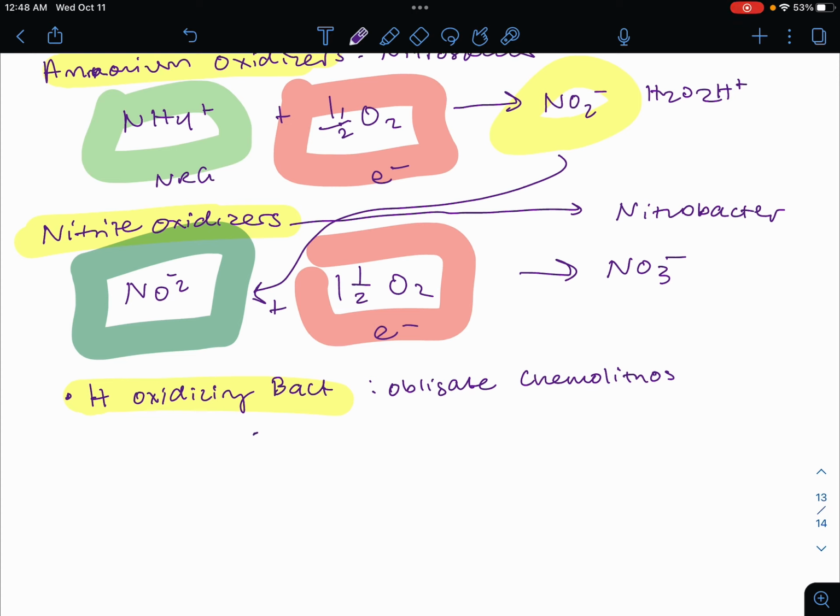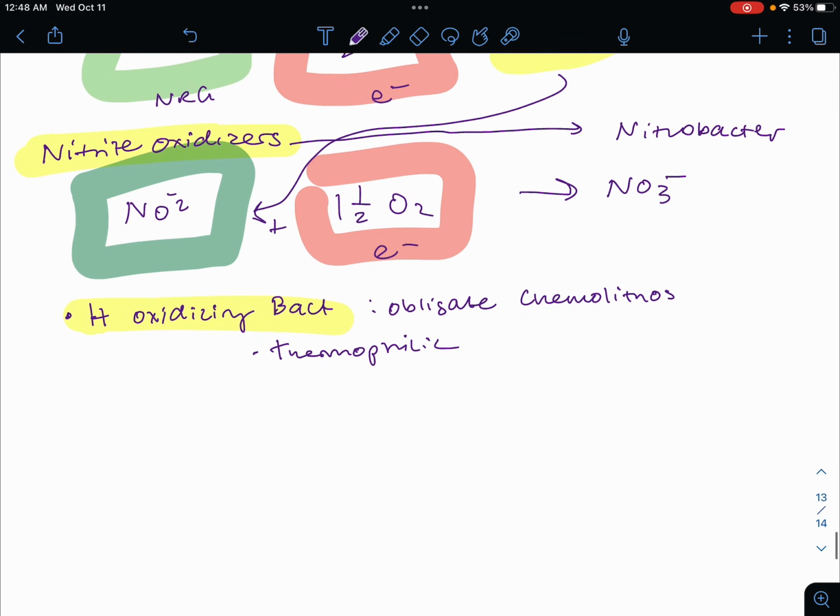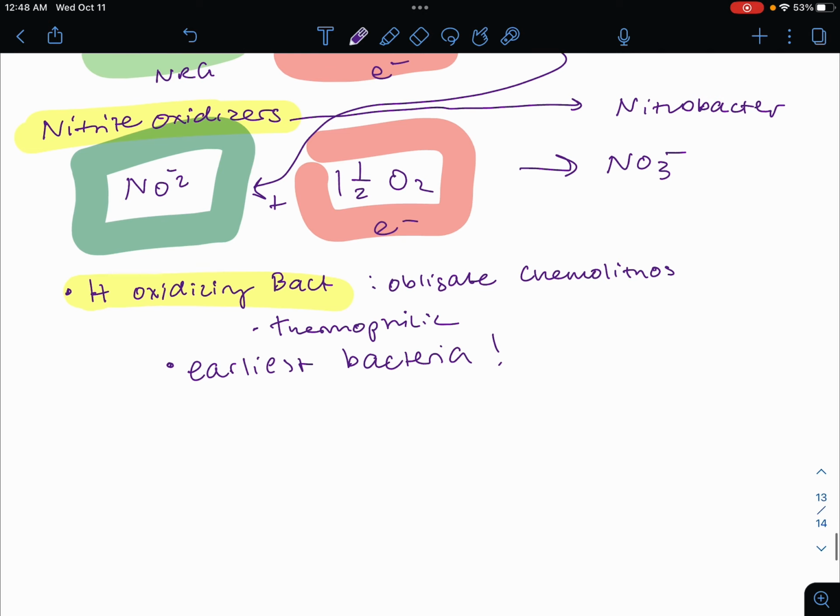They're going to be thermophilic. They really like those high temperatures. They're going to be in hot springs. These are going to be some of the earliest bacteria who existed on Earth.